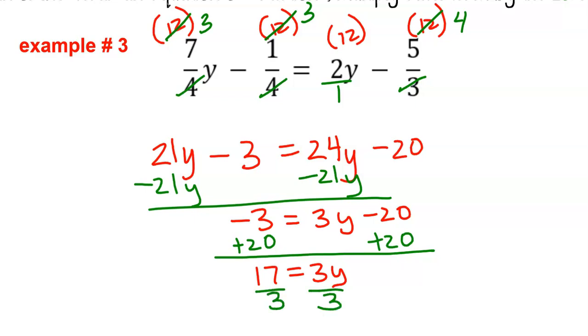And don't forget, if your problem started with a fraction, don't change your answer to a decimal. So we're going to leave it in fraction form. All right, one more.